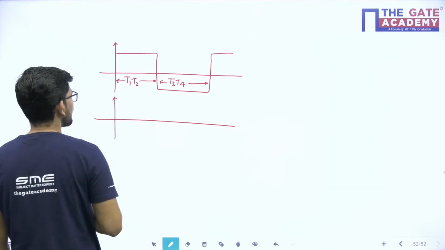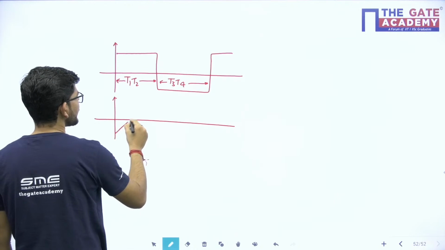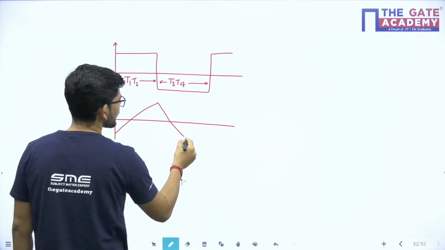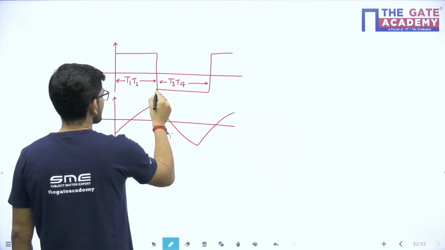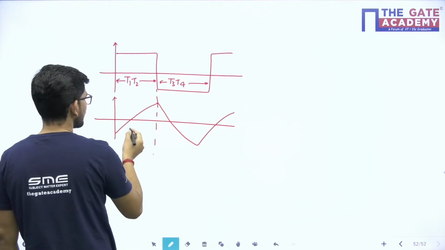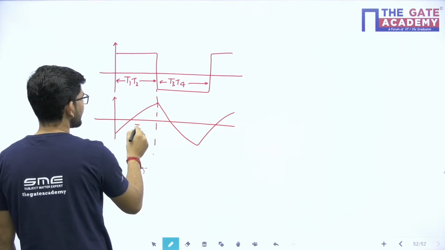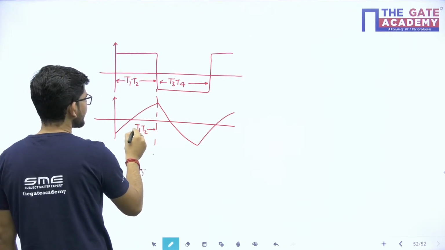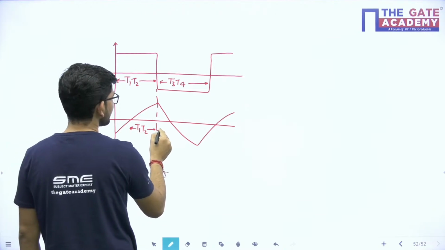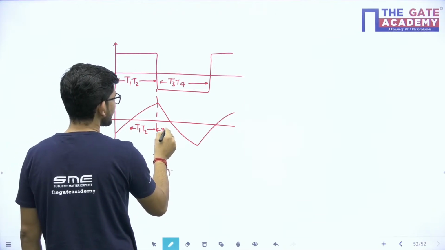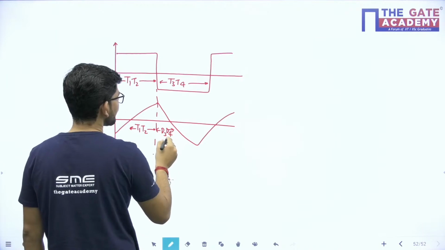And if I talk about RL load, what will happen here? T1, T2 will be conducting this particular current, and this particular current is being conducted by D3, D4.